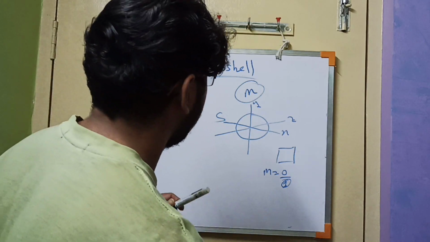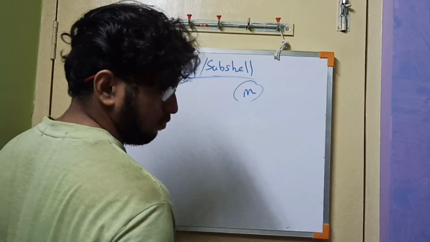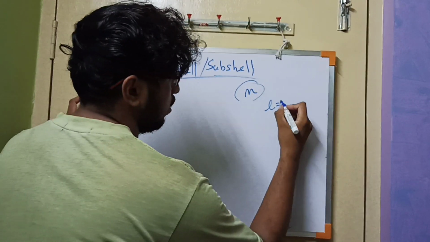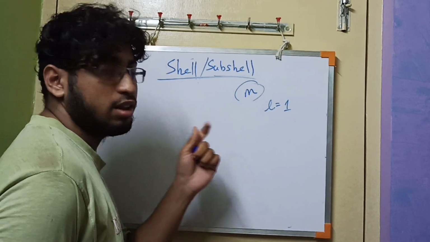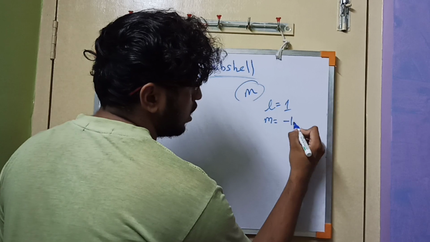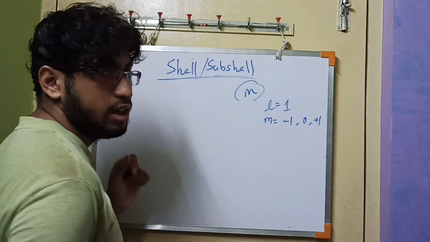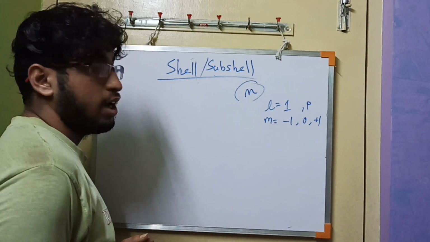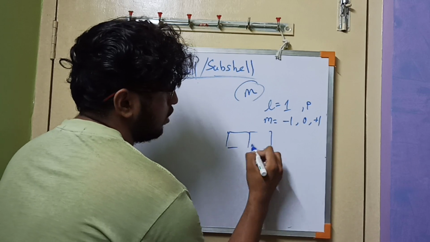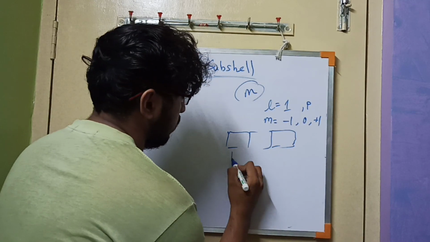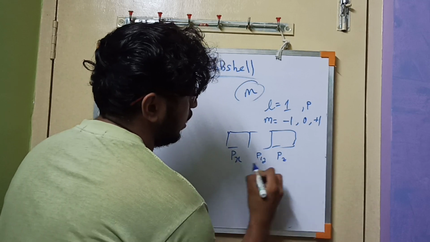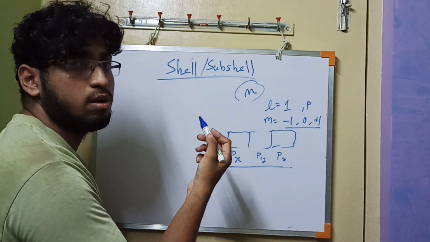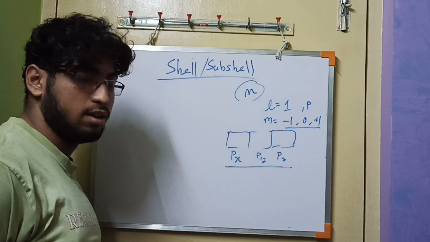Now, if we see the next one, for l equal to 1, the value of m was -1, 0, +1, three values. For l equal to 1, it was the p orbital, and the p orbital has three orbitals: px, py, pz. That means the number of values of m is proportional to the number of orbitals present in a subshell.